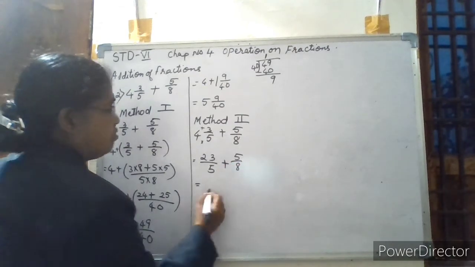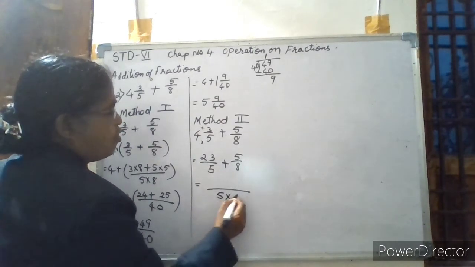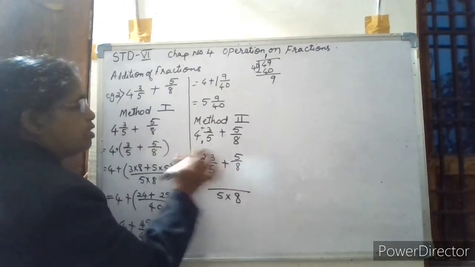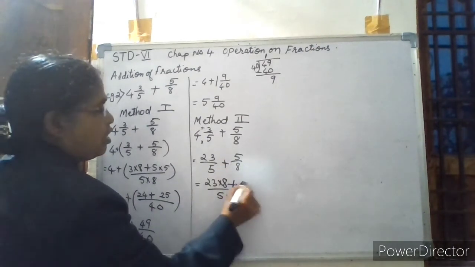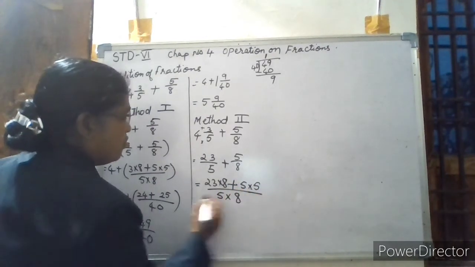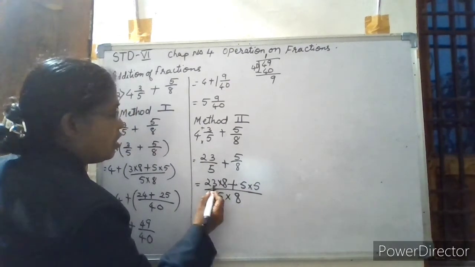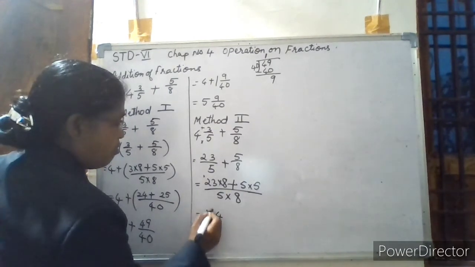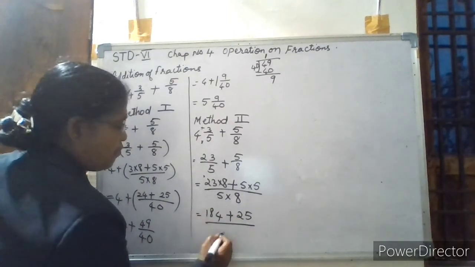So this is equal to, now do cross multiplication directly. 5 into 8, denominators. Now cross multiply: 23 into 8 plus 5 into 5. So this is equal to, 3 8s are 24, carry 2, 8 2s are 16, 18, 184 we get, plus 5 5s are 25, upon 5 8s are 40.